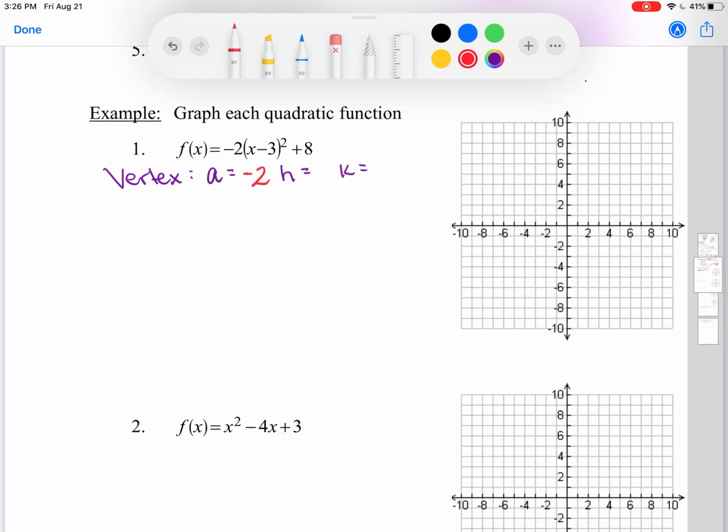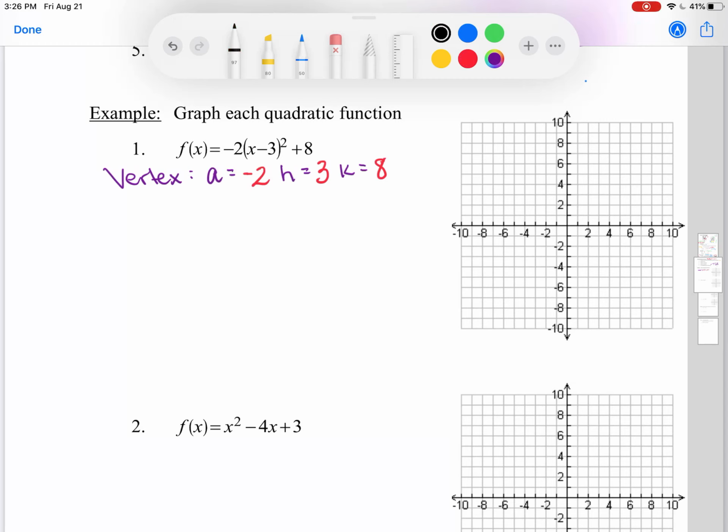Our H value inside those parentheses is going to be the opposite. So we see a -3, but we're going to take a +3 out for our H. And last but not least, your K value is at the very end, and we will keep it just as we see it at a +8.